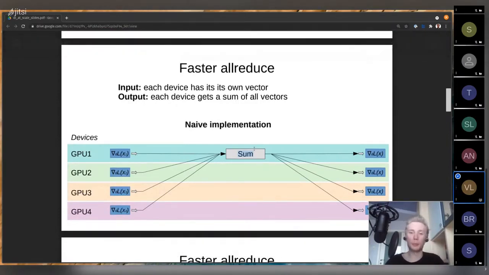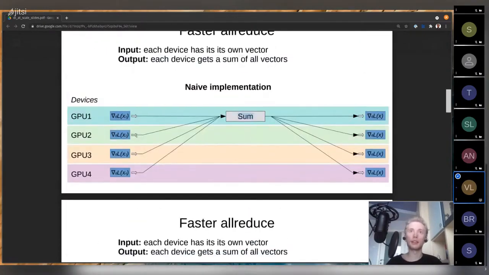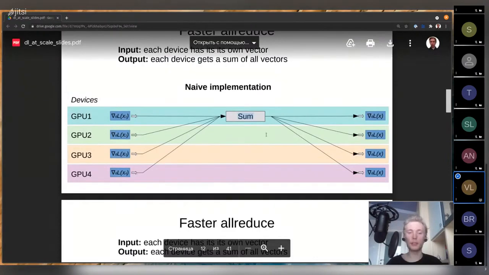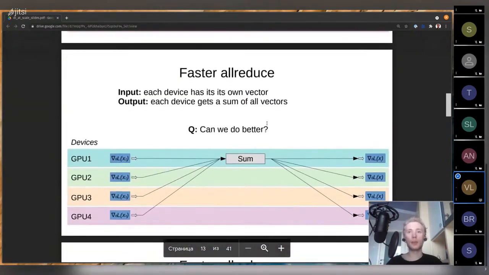It's the same operation, the same sequential way to do it, and it's a lot of data exchange. I can stop here. Actually, can you come up with a way to do it better? Any takers? You can write in the chat or you can unmute yourself.